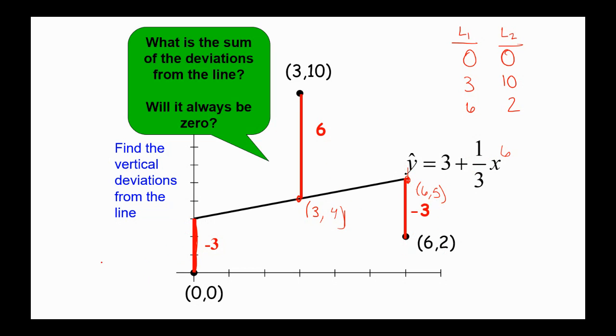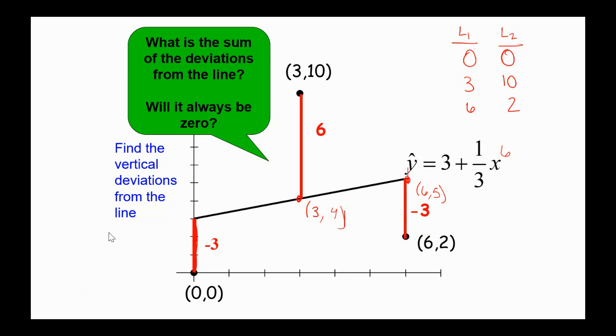Y'all remember in chapter 4, when we did x minus x bar and added them all up, we got 0. So if you add up the deviations of the least squares regression line, you'll always get 0.